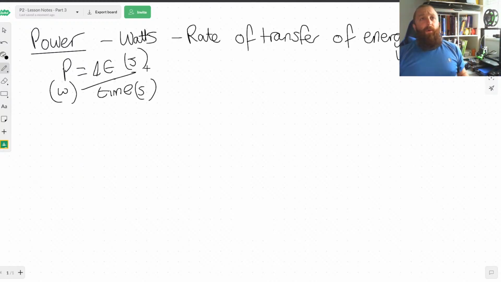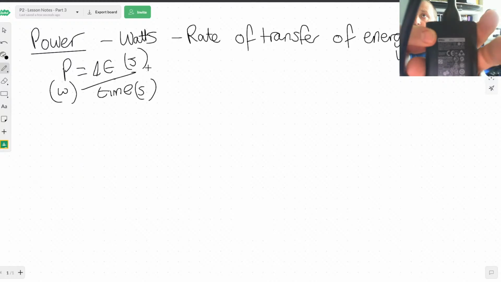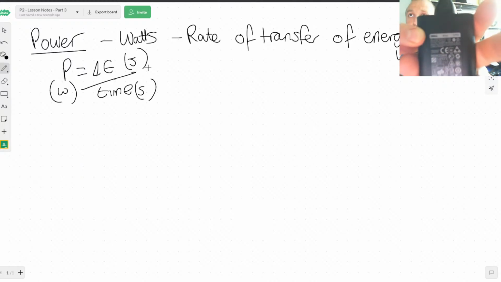To give you a few examples, if I look at the charger for my laptop, on the back of it, and I wonder if we can see this. Very, very small. Right at the top, where my finger is pointing, you can see the power rating, and it says 45 watts.